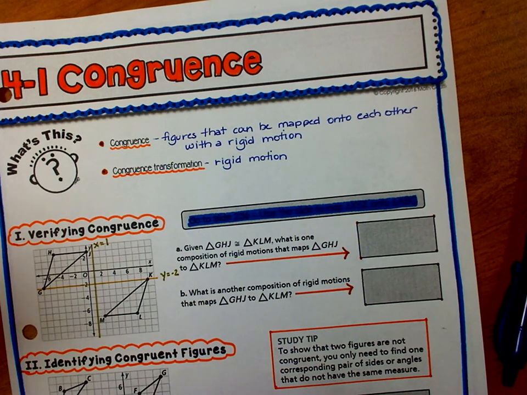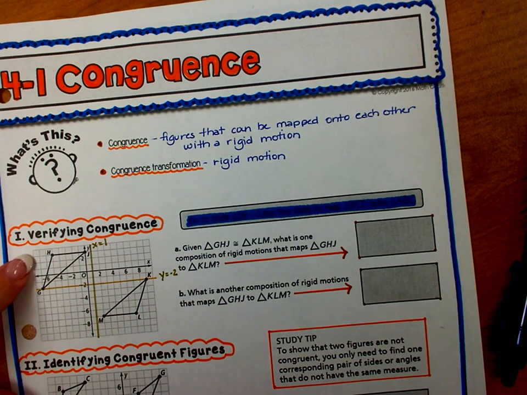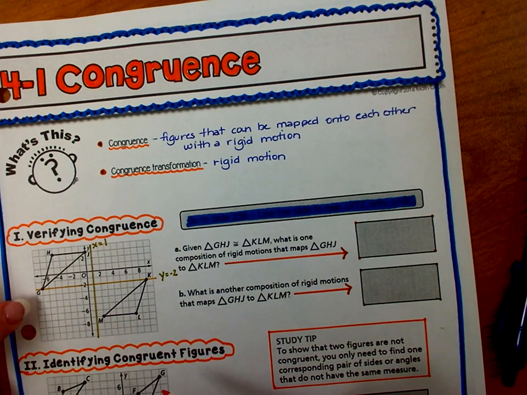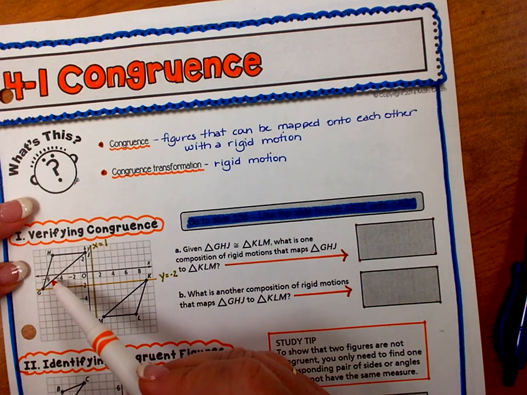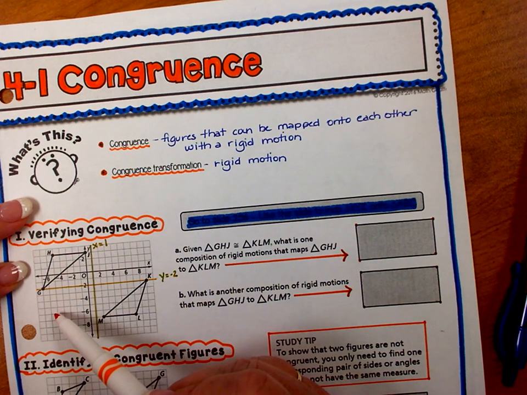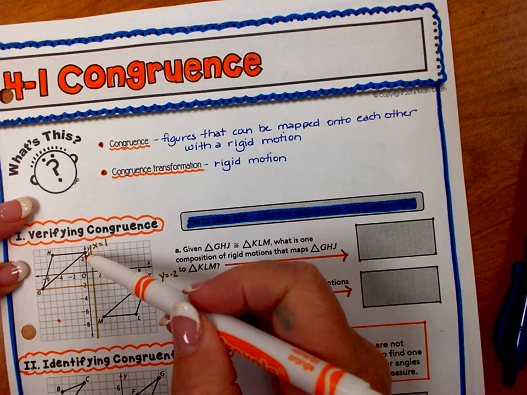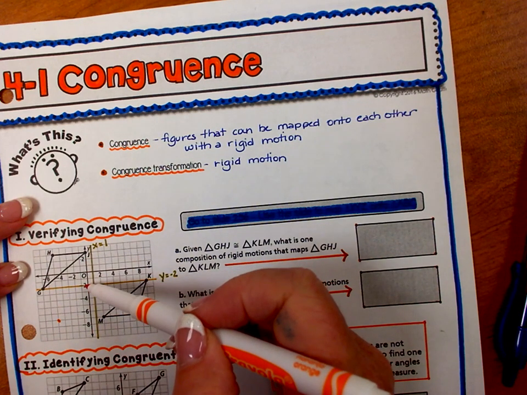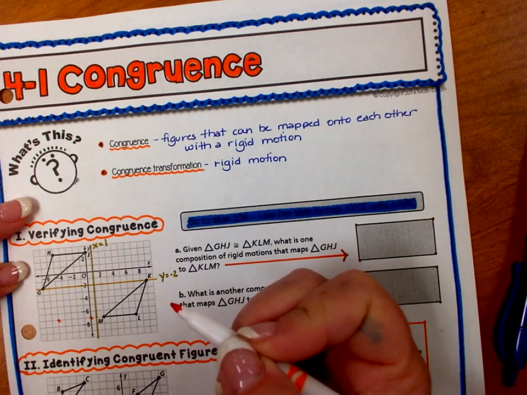Okay, so let's take a look and see what happens if we reflect triangle GHJ over y equals -2. The G is not going to move. H is going to go 1, 2, 3, 4, 5, so right here. And J is going to go 1, 2, 3, 4, 5, so that one's going to be right here.